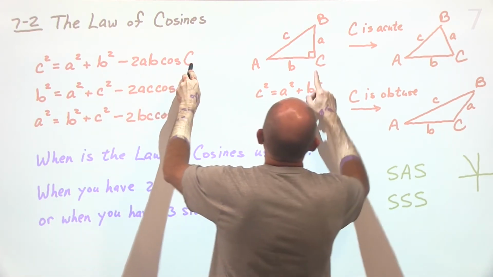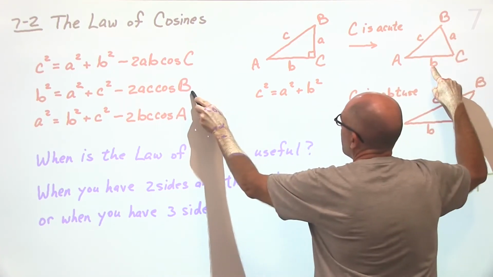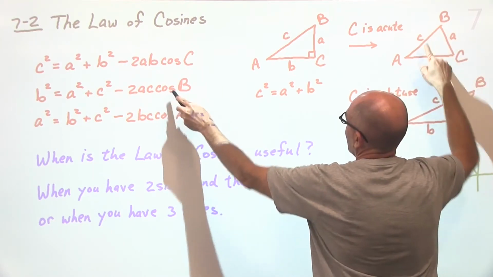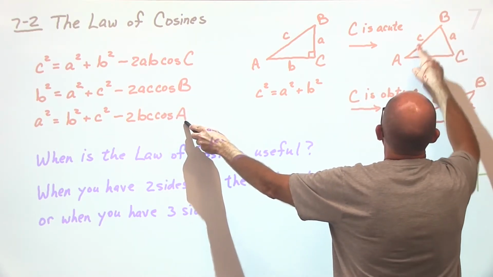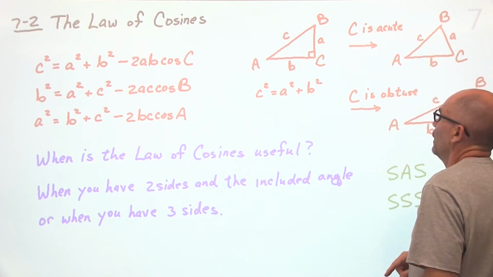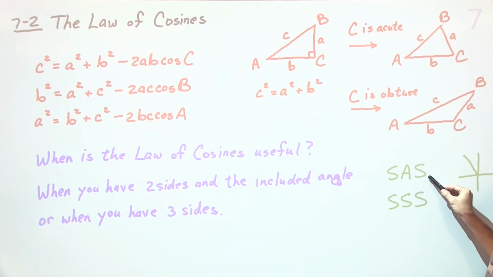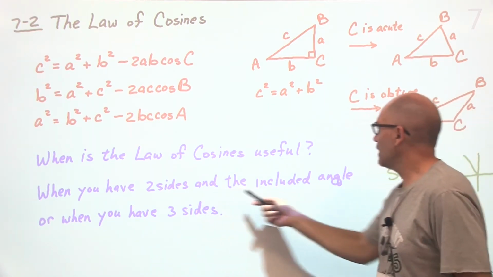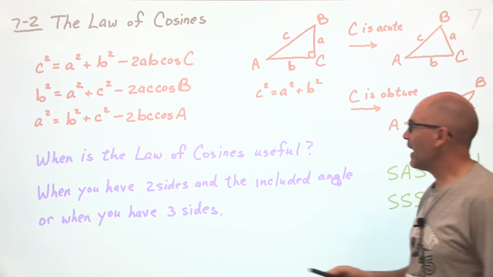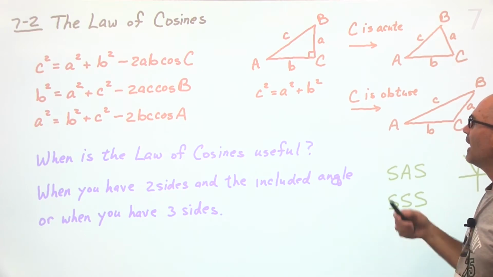Notice angle C is in between side A and B. Angle B is in between sides A and C. And angle A is in between sides B and C. So if I have side angle side, which means two sides and the included angle, or if I have all three sides, side, side, side, then I can do it.